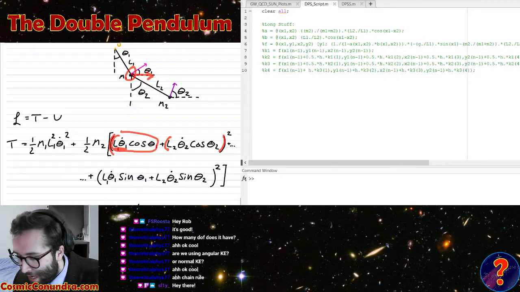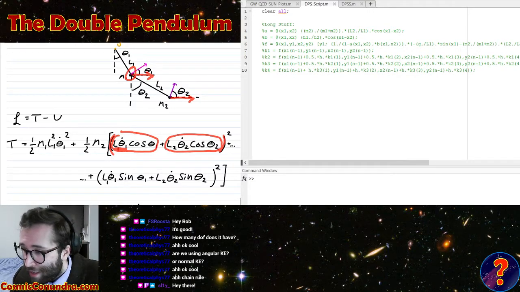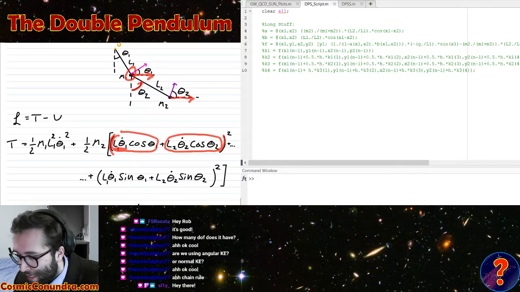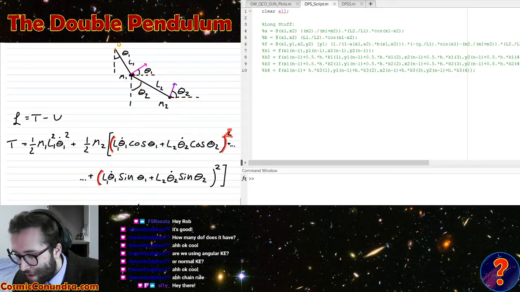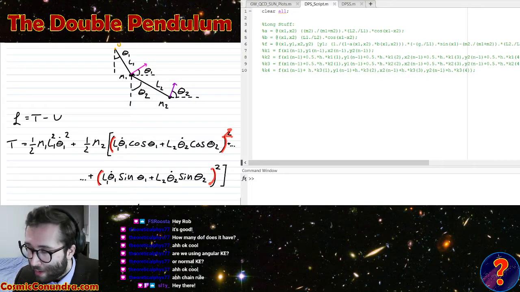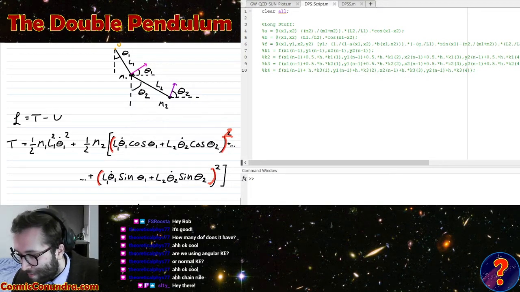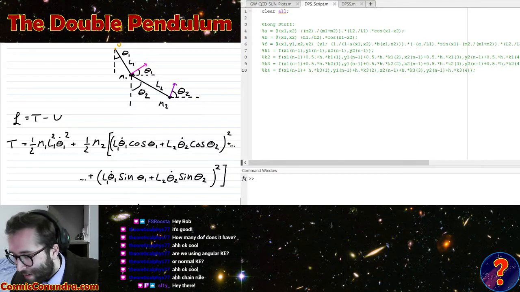And then I add on to that the linear horizontal speed of the mass due to its rotation through this angle theta 2. So then I have to square all of that and add that to the overall vertical speed squared. And that will give me, oh, well, sorry, I think I've said that the wrong way around.